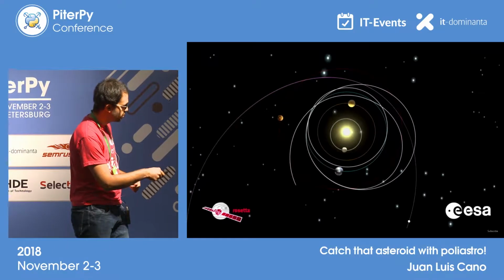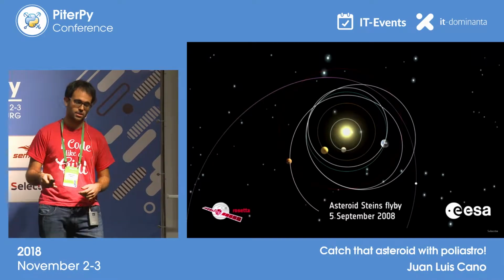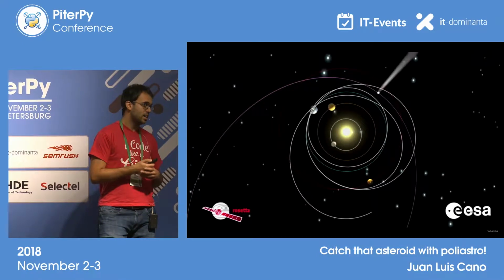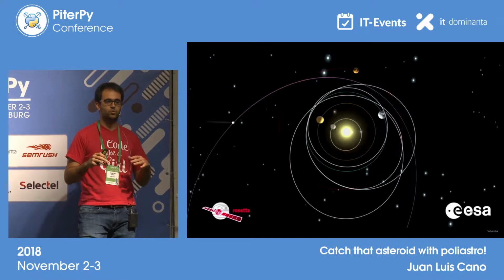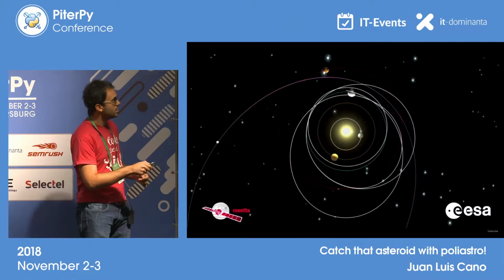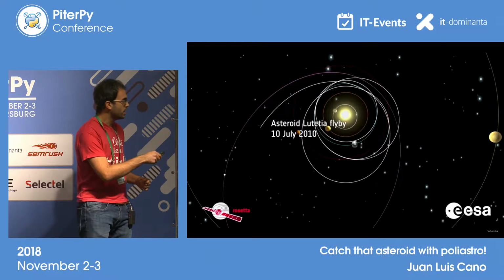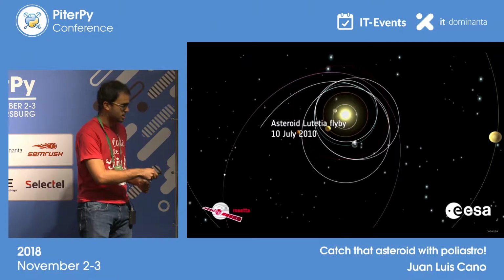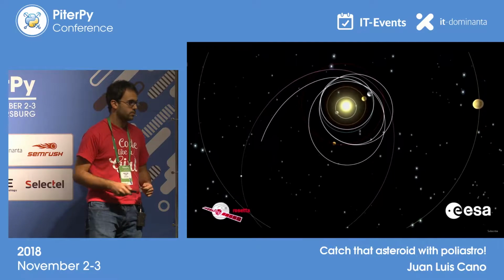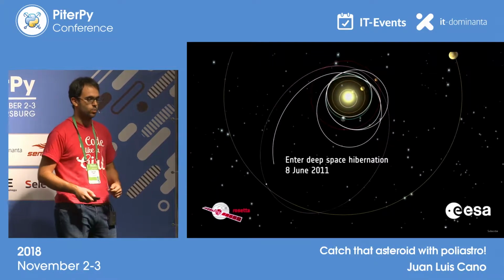Now we use this moment to visit some asteroid that is around. And this is very, very complex to optimize because you have to take into account all the possible combinations that you have with all these planets. And then the last gravity assist throws us very, very far away. This right here is the orbit of Jupiter, and this is the orbit of the comet that we want to visit.